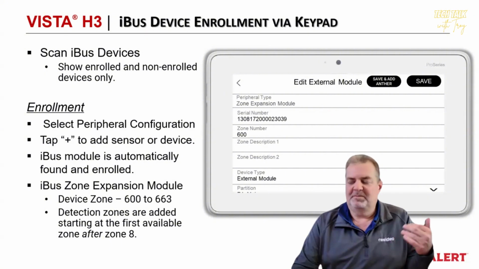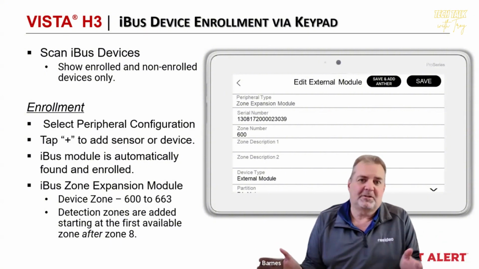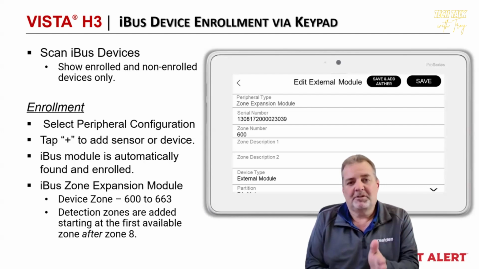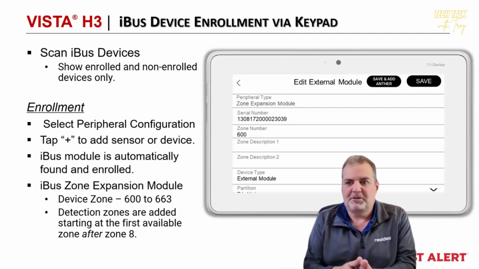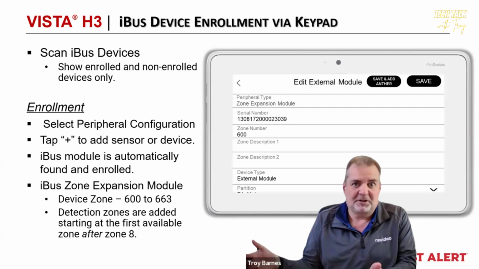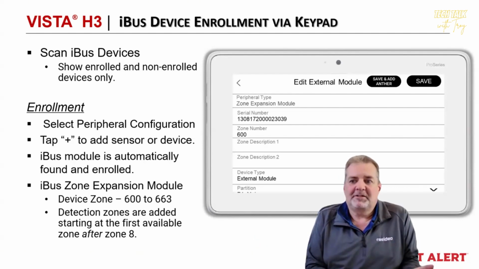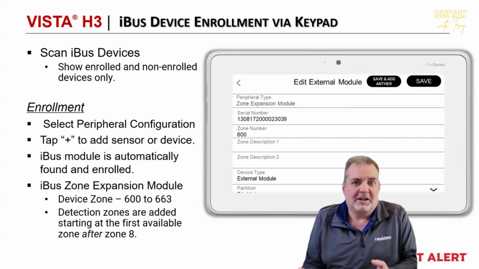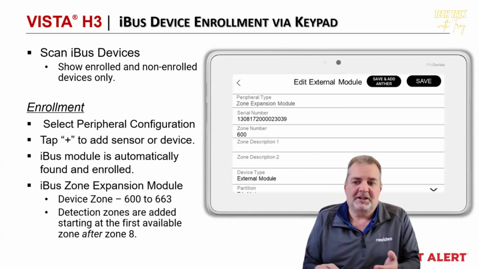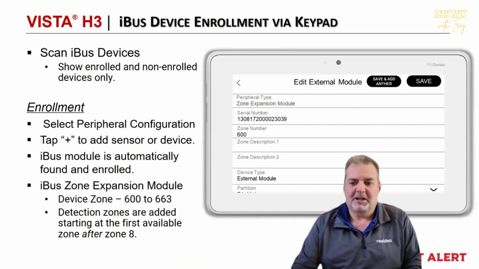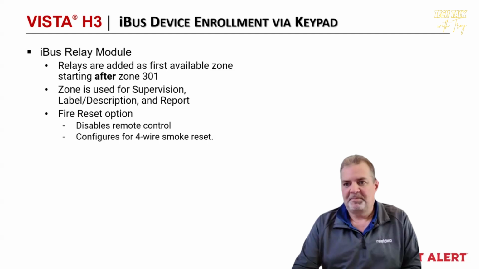So if you put any zones on the system except 1 through 8, or even if you're not using 1 through 8, it will go to zone 9 and put the first module there, and your next 7 zones will be after that. If you had a few wireless devices already or other hardwired expanders, it's going to go to the next available zone and automatically populate those zones for you.